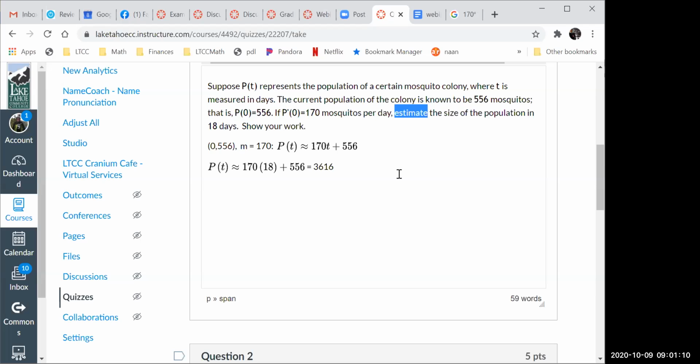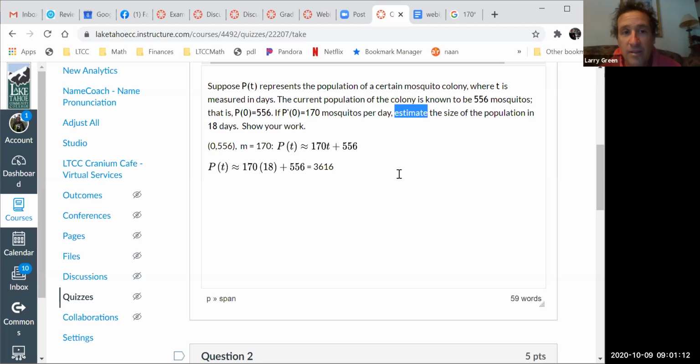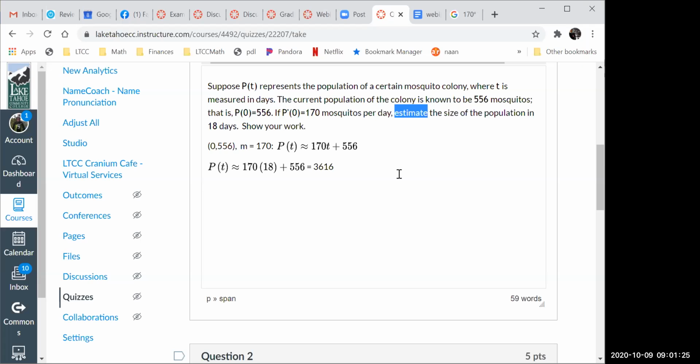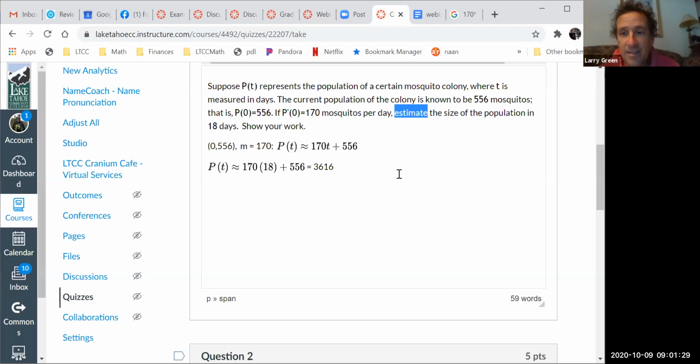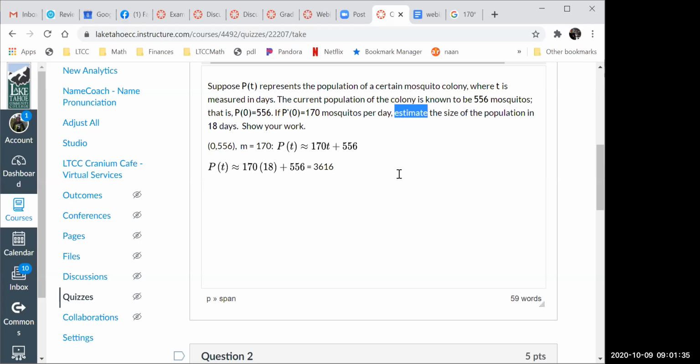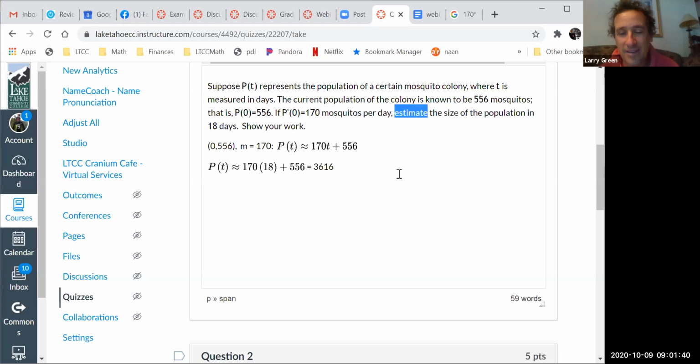Right. So if we're estimating and all we know is the point and the derivative, the best we can do for estimating is to use the tangent line. Does that make total sense? If I said find the exact size of the population in 18 days, your answer should be, I can't. Does that make sense? But calculus is used to estimate things.